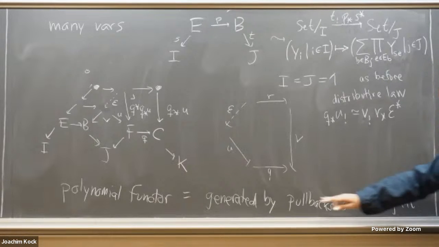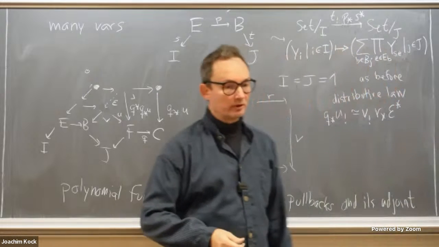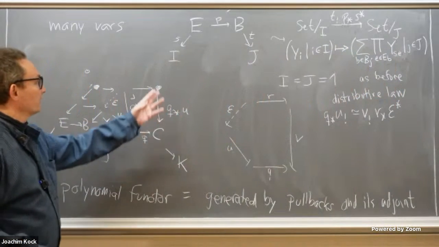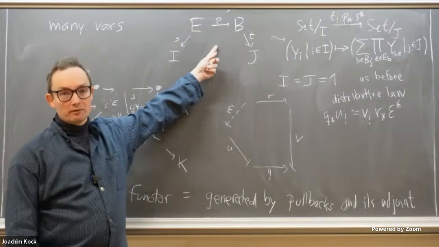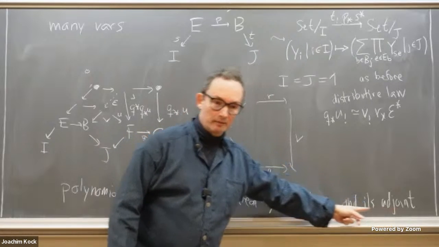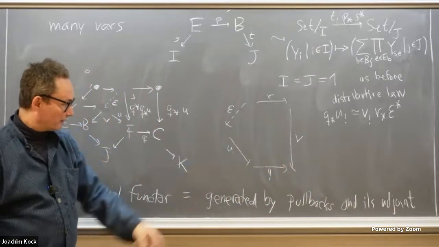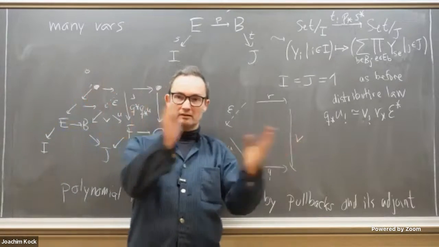So here we see a little bit nicer characterization of what it means to be a polynomial functor than just saying it's something given by diagrams like this. This is rather to be thought of as a normal form for anything you can generate by these pullbacks and adjoints. And you need the distributive law to put things in the correct order.